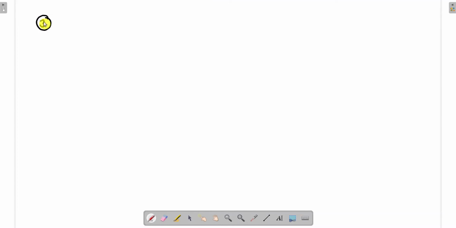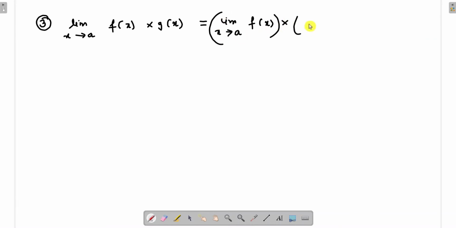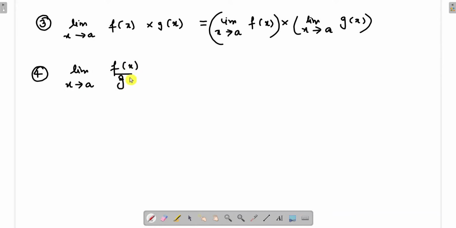Now third, the limit x tends to a of f(x) multiplied by g(x). Now you have the product of two functions f(x) g(x), so this will be limit x tends to a of f(x) multiplied by limit x tends to a of g(x). Now fourth property, limit x tends to a of f(x) divided by g(x).